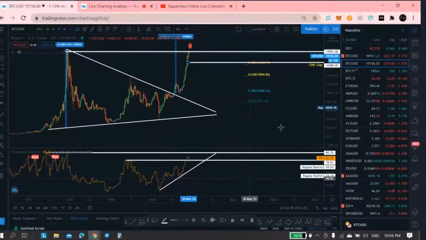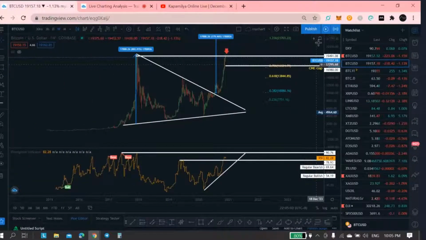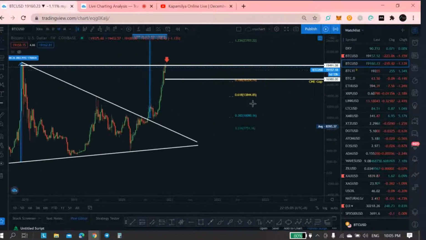As I mentioned in my previous videos, I posted a long position at 17,000 area. Just a test long if ever the market reverses. That's close to 0.786 fib.